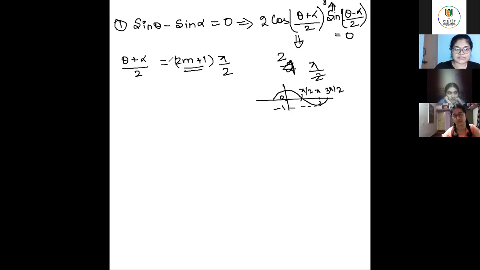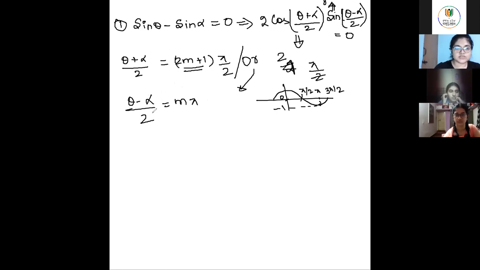So theta plus alpha should be equal to (2m plus 1) pi by 2, or I can say, I'm writing it here on the down, theta minus alpha by 2 should be equal to m pi, because sine theta is 0 for 0, pi, 2 pi, all these values.